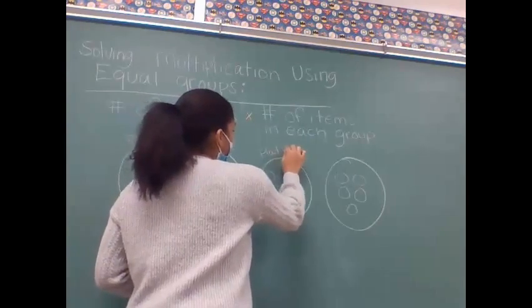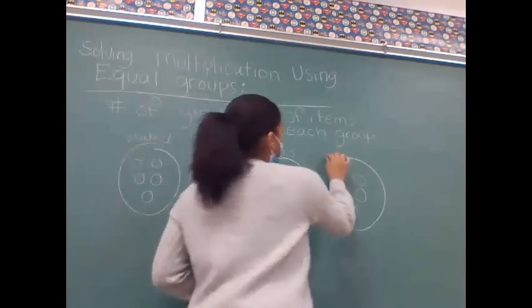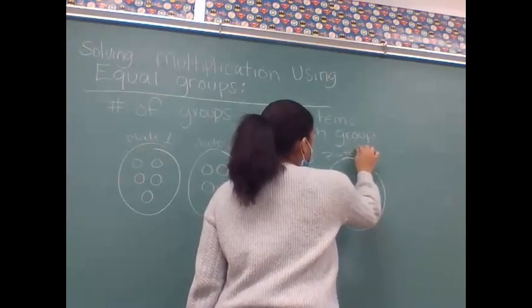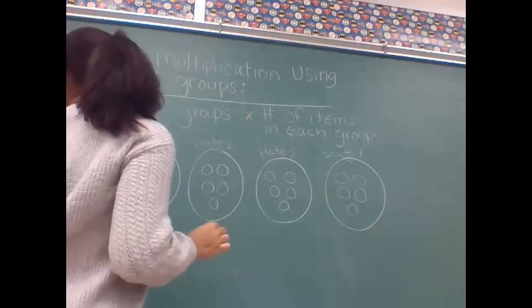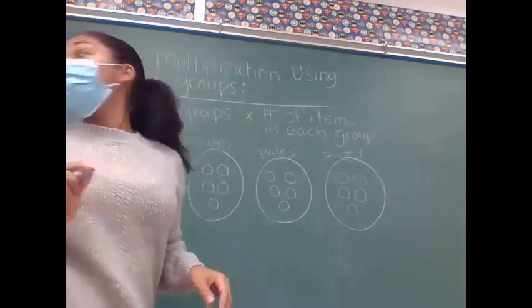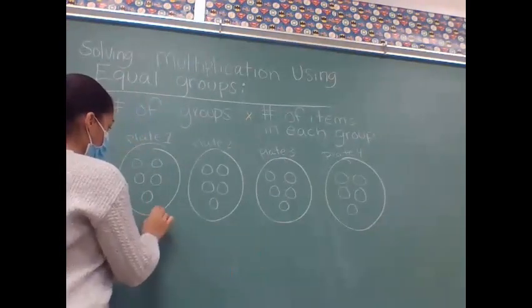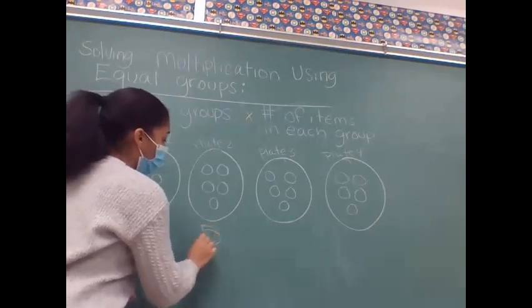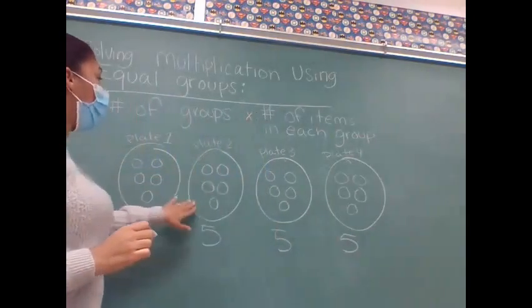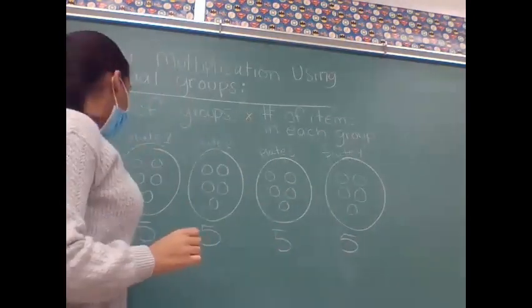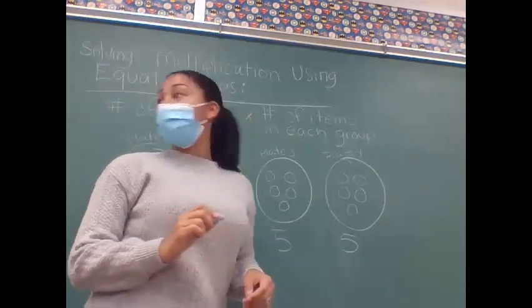Plate 3. Plate 4. On each plate, there are 5 cupcakes. So there are 4 groups with 5 cupcakes in each group.